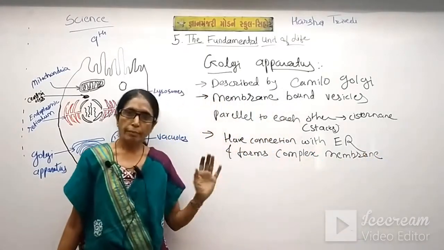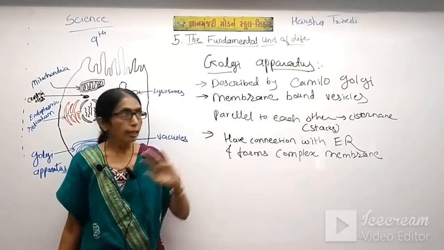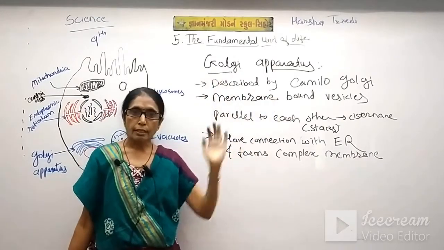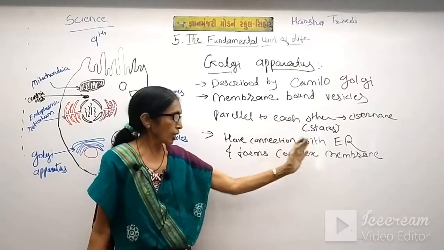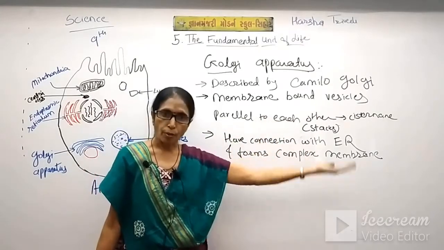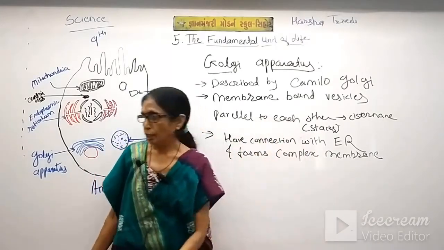ER is also a membrane bound organelle. Golgi apparatus is also a membrane bound organelle, and because of their connection, a more complex membrane is formed.